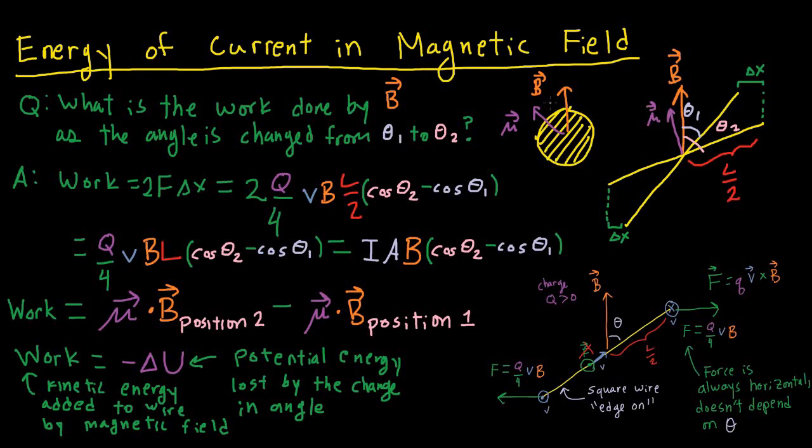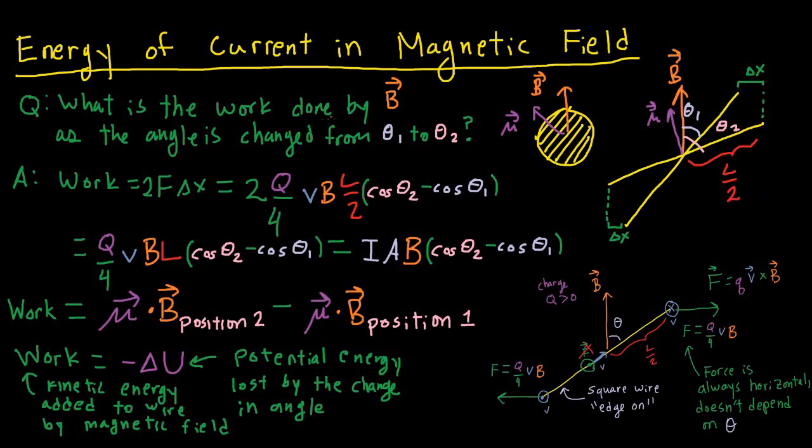Instead, it precessed around B, right? So why is it that in the case of the charged spinning sphere, the magnetic moment vector mu precessed around B, but in the case of the wire, the magnetic moment vector swings back and forth like a pendulum? So it swings like that.